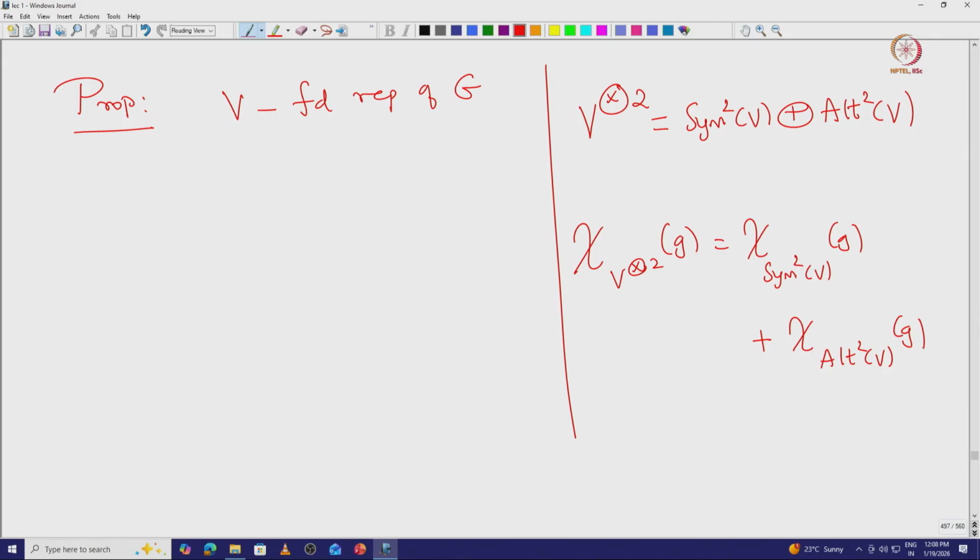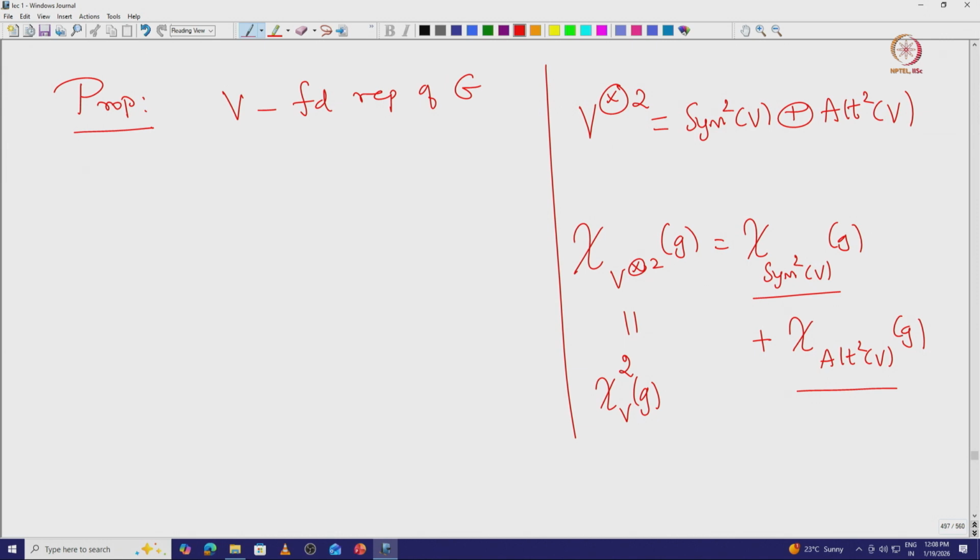So this is already there. This means it is enough to compute one of them, because we already know the character of the tensor: it is just the square of the character. Okay, so let us compute the character of Sym^2 V.